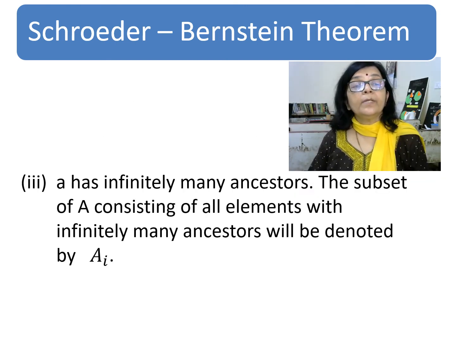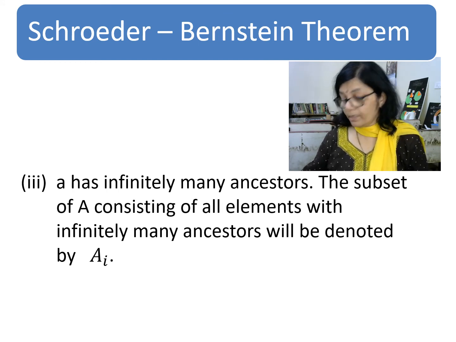The third possibility is that a has infinitely many ancestors. The subset of A consisting of all elements with infinitely many ancestors will be denoted by A_I.